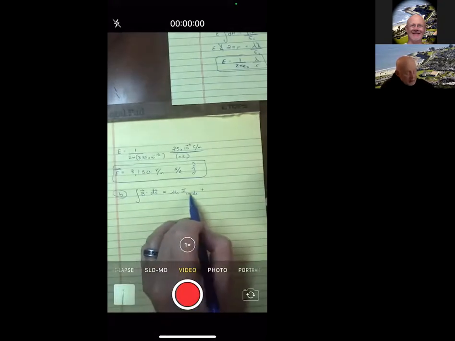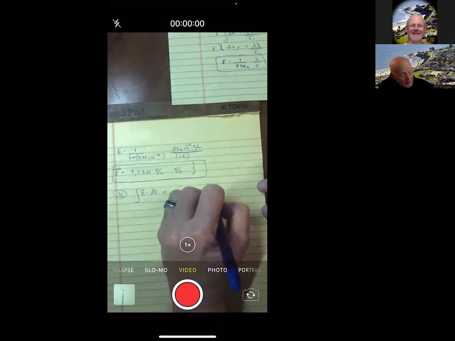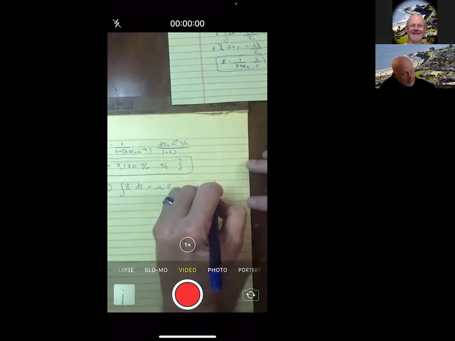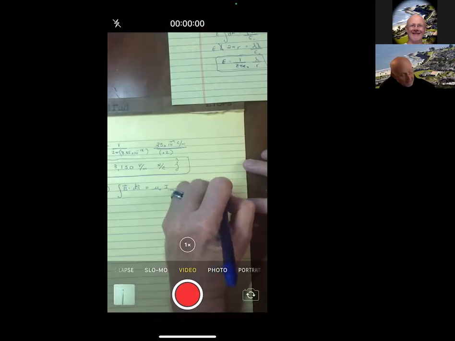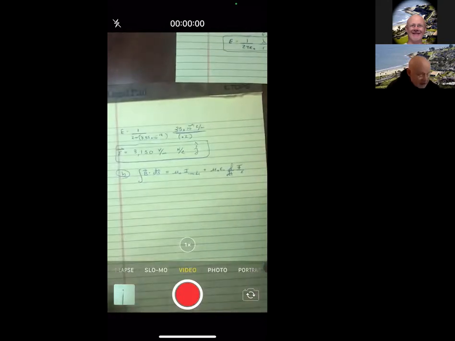One is from the moving charges itself, that is current. And now the other, called the displacement current, terrible name, is actually the change in the electric field or the electric flux.